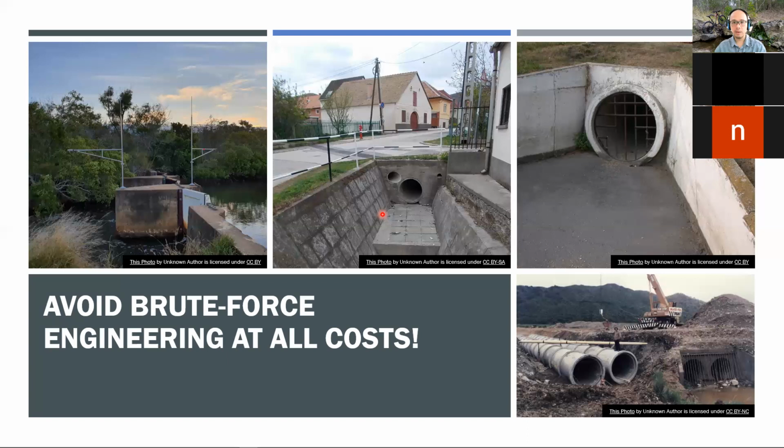So if you can harmonize with natural features, then by all means harmonize with that. Work with the natural features, and try to avoid this sort of brute force engineering. Try to avoid these pipelines at all costs if you can, preferably. Not just for the purpose of this assignment, but also in your future professional practice.